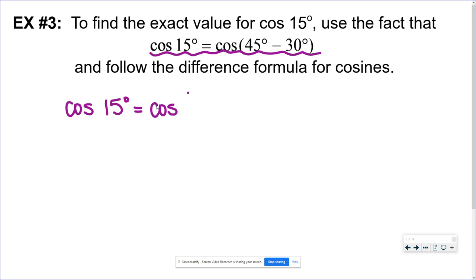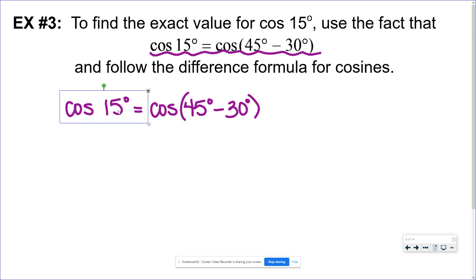Well, duh, we're not stupid. We know that 15 is the same as 45 minus 30. Why the heck are we writing it like that? Well, that's because if we write it as something familiar minus something else that's familiar, meaning I know these unit circle values, then I can apply a difference formula to help me solve this question, okay?